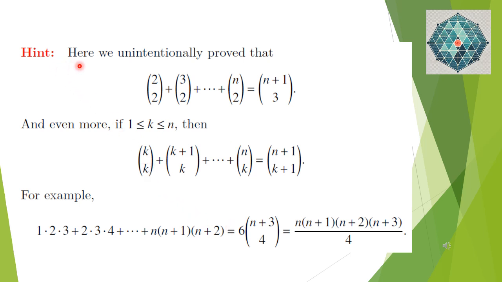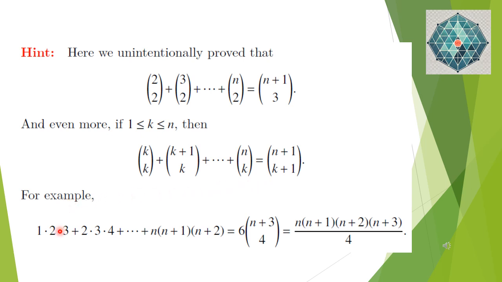Hint. Here, we unintentionally proved that the sum of binomial coefficients from 2 choose 2 up to n choose 2 equals n plus 1 choose 3. In general, if 1 is less than or equal to k and k is less than or equal to n, then the sum of binomial coefficients from k choose k up to n choose k equals n plus 1 choose k plus 1.